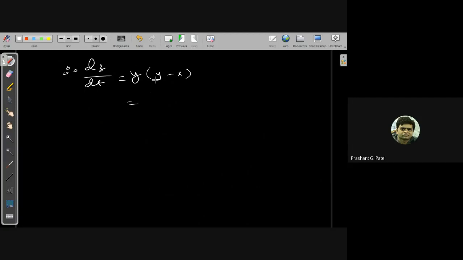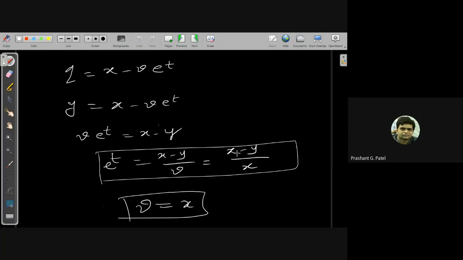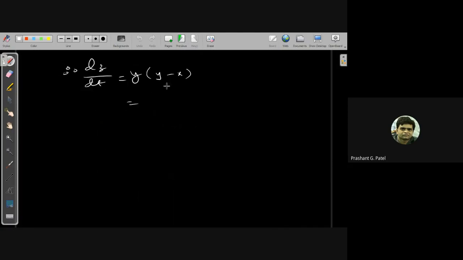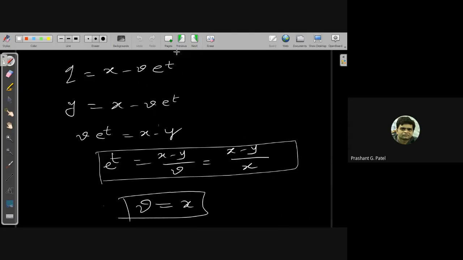But what will be the value of y, or you can convert that in terms of e power t. X minus y is this. So y minus x. So ultimately we need to integrate this, and to do that, you have to convert into terms of t.